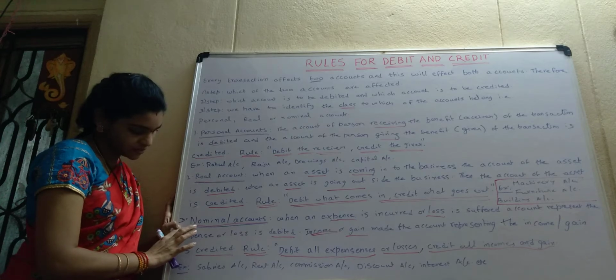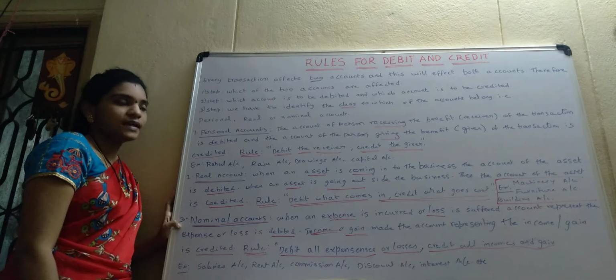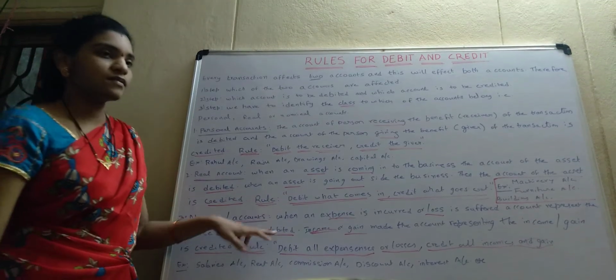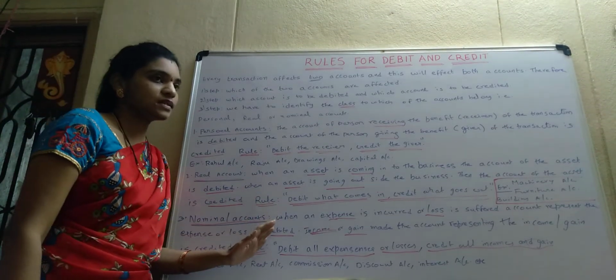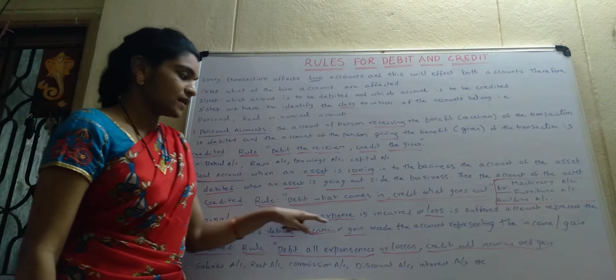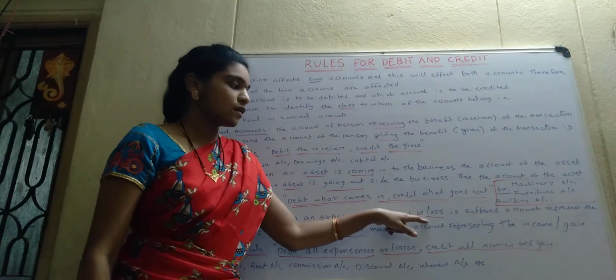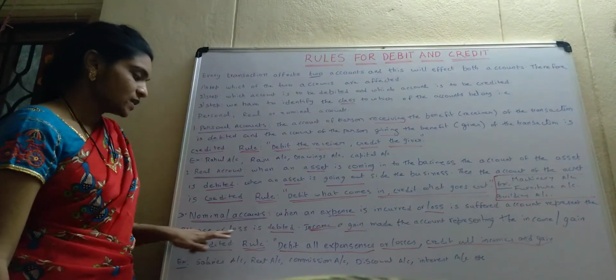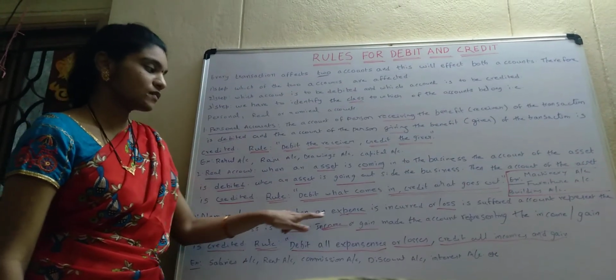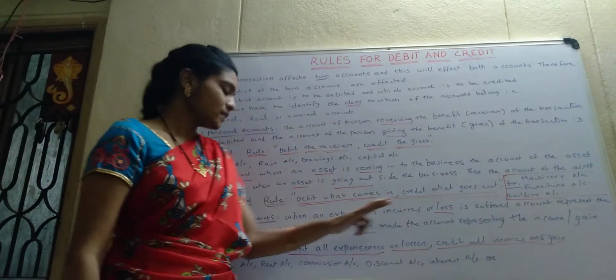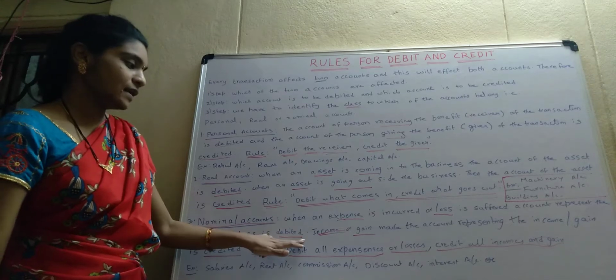And coming to the next one, nominal account. Nominal account deals with expenses or losses, and incomes or gains. When an expense is incurred or a loss is suffered, that account is debited.